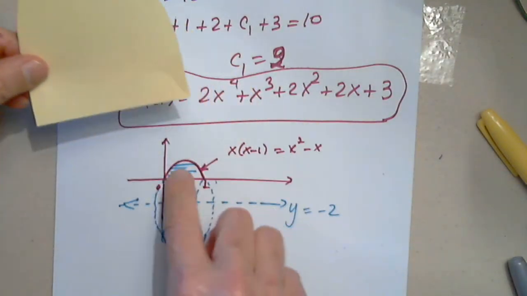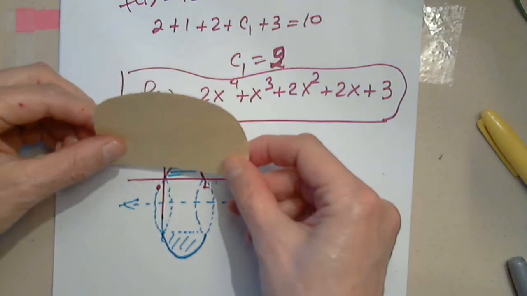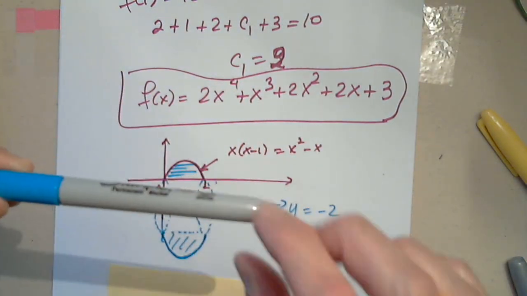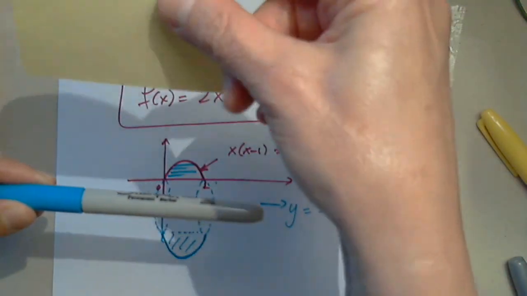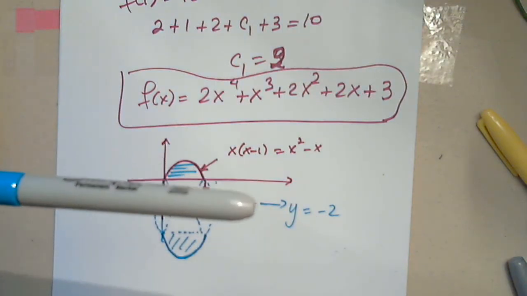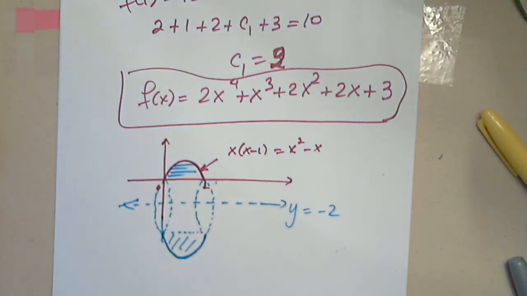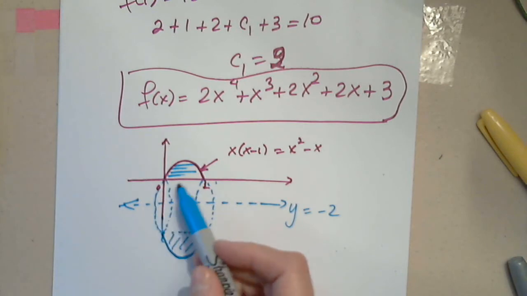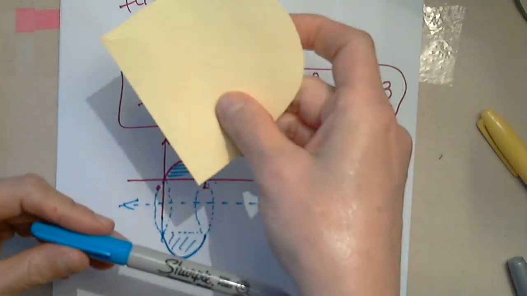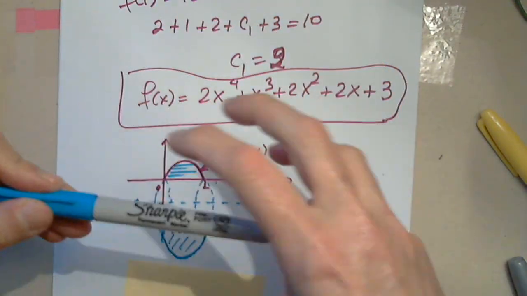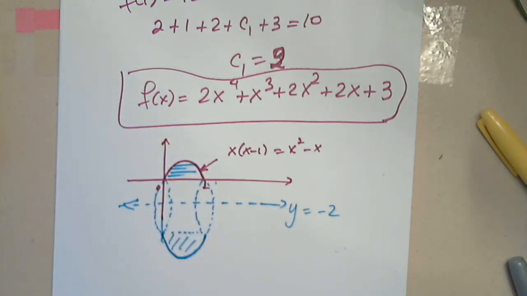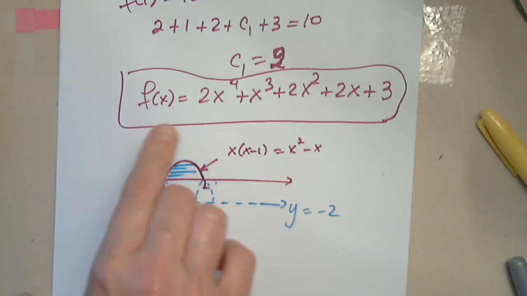So imagine that this is my piece and I want to rotate it along this axis. So here's the axis and here's my piece, and I rotate it. And by rotating this area around this axis, I create this solid that is empty inside, right? The cylinder is void, but then I still have this volume.